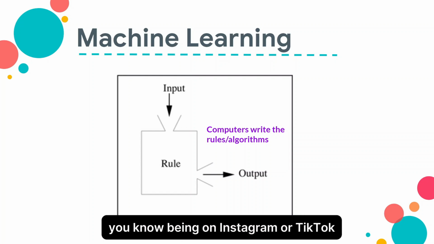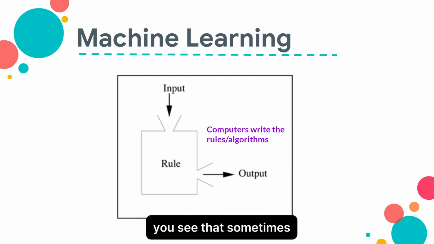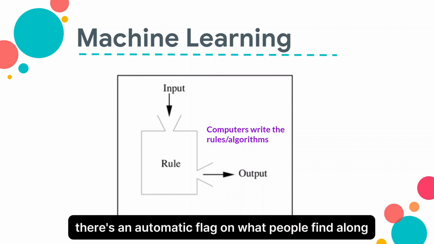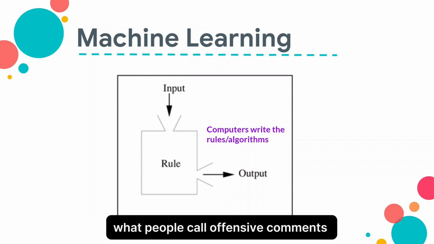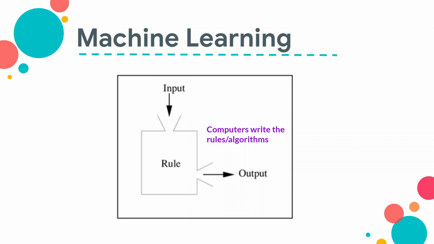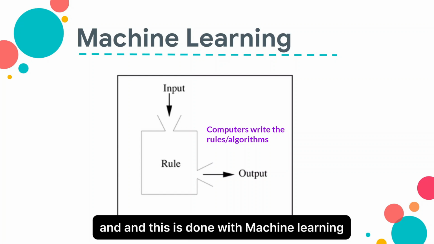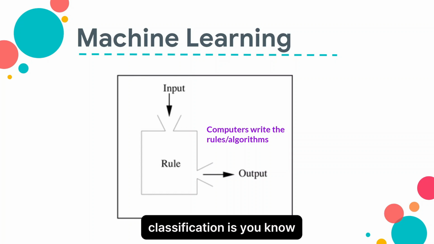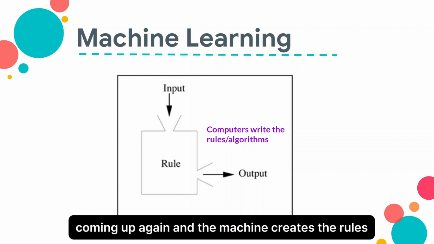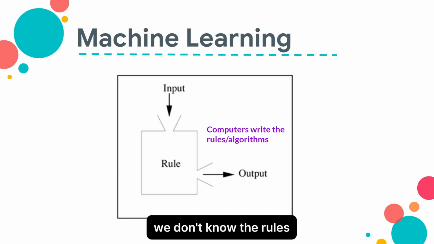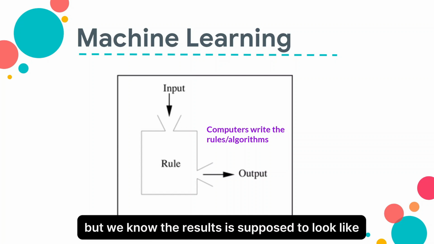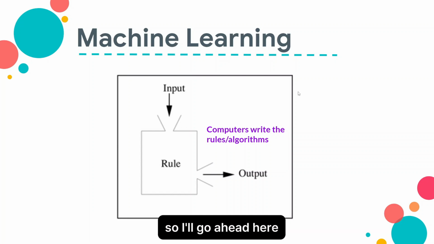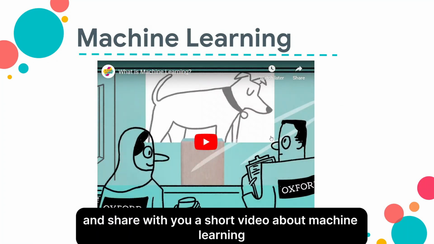You guys, being on Instagram or TikTok, see that sometimes there's an automatic flag on what people call offensive comments. And this is done with machine learning. There's some form of classification, and the machine creates the rules. We don't know the rules, but we know what the results are supposed to look like. So I will go ahead here and share with you a short video about machine learning.